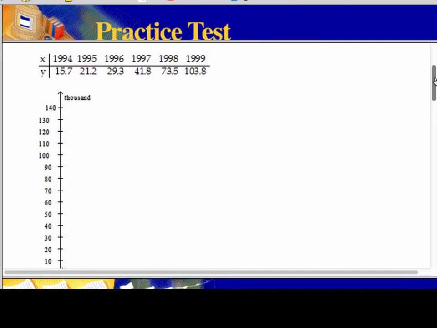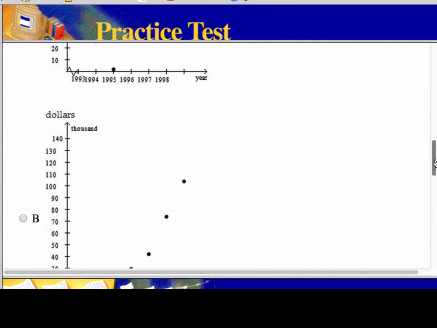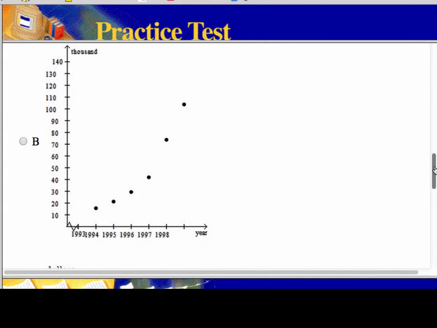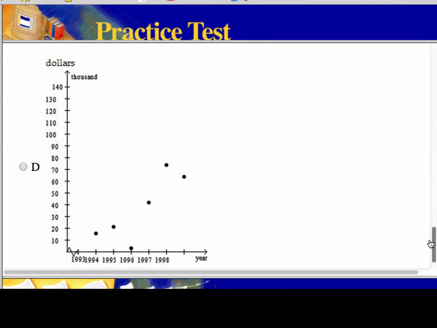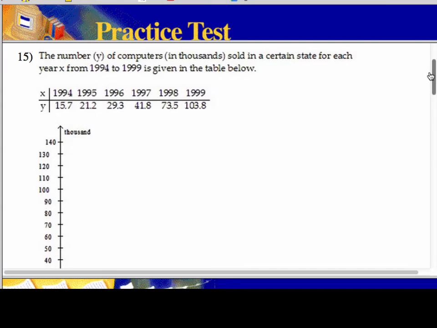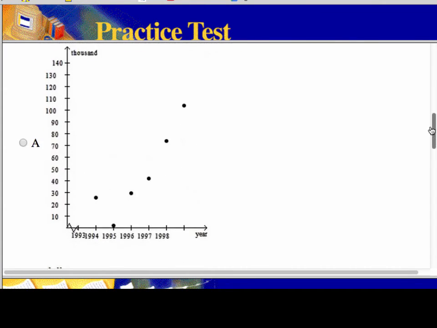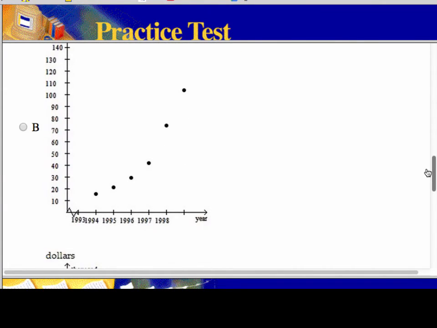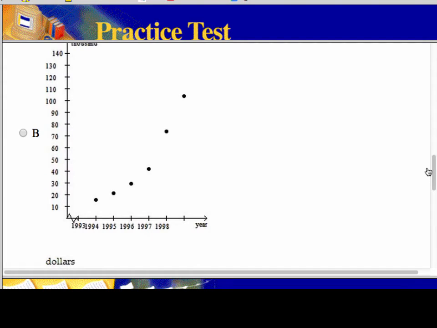Let's go back up. Second point, 21.2. Is that a little bit more? Yeah, it's really hard to tell. Third one, 1996, 29.3. B, does that look like 29? If we look at this, does this look about right? 29.3 in 1996?